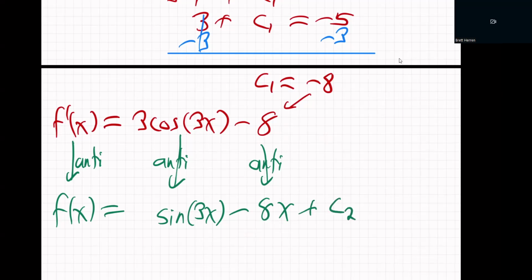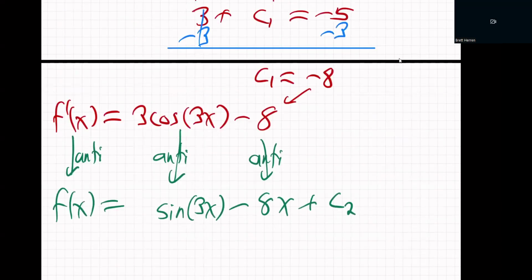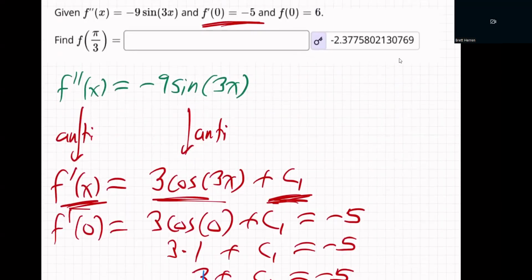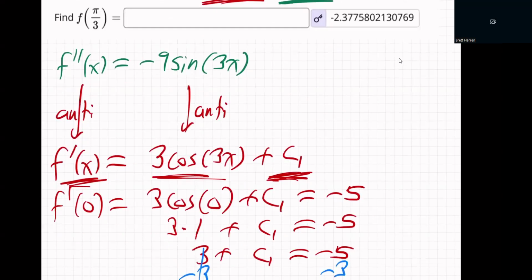constant 2. Whenever we take an anti-step, there's always a new constant, because the derivative of the constant would go back to nothing. It could be any number out here, and the derivative would vanish. So now we've got to find that, and they tell us right here, f of 0 is 6.